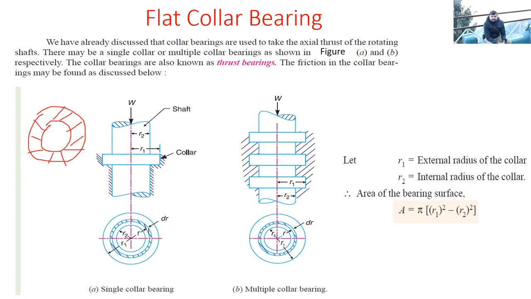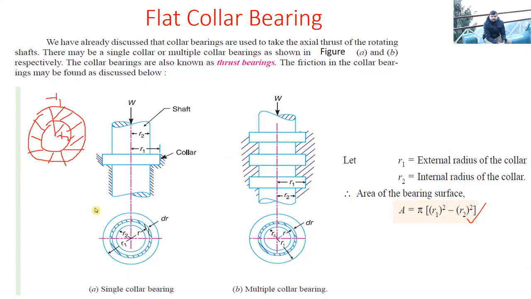The outer radius is R1 and inner radius is R2. So this hatched portion area would be pi (R1 square minus R2 square), as written over here.